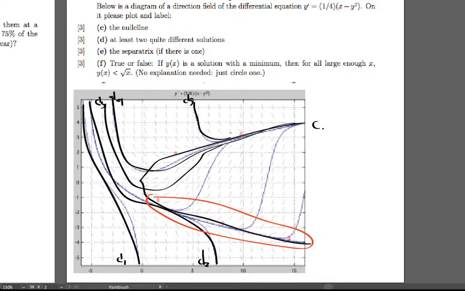But after that, it would try to go up, but it couldn't actually pass the square root of x. So this would be true. Oh wait, actually, no. Wait, what? My logic doesn't seem to work at this point.